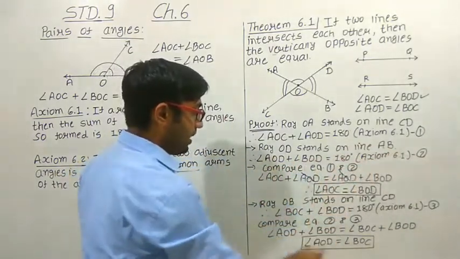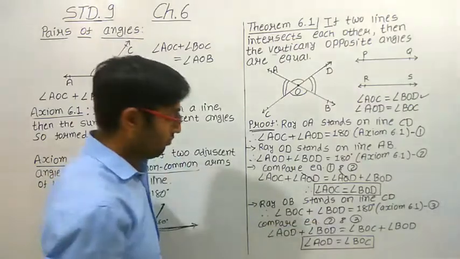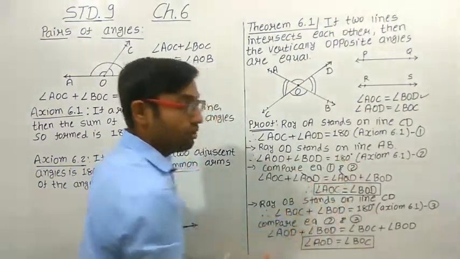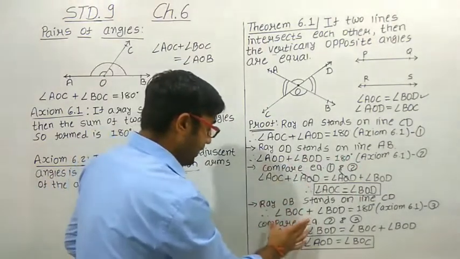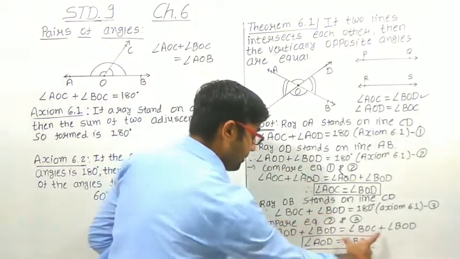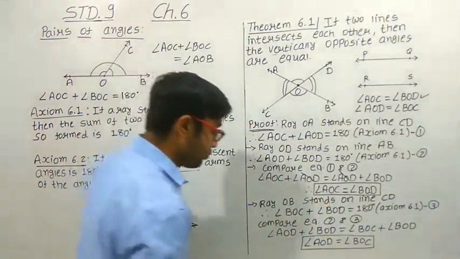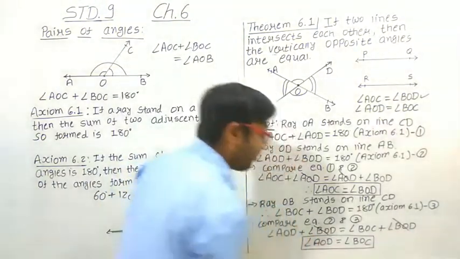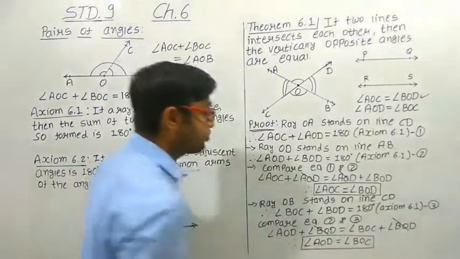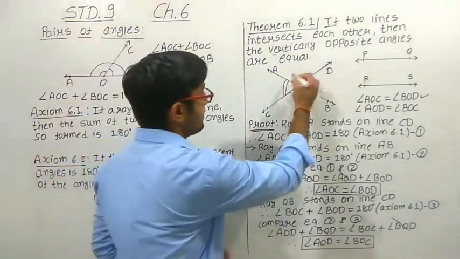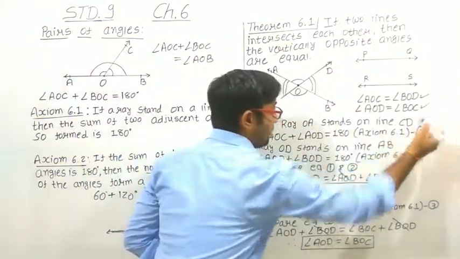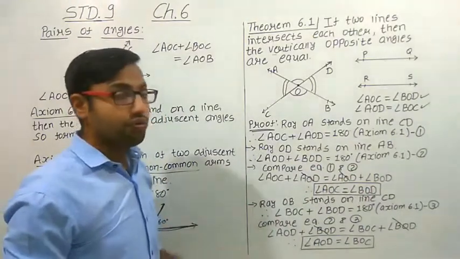So now we can compare equations number 2 and 3, because this equals 180 degrees, this equals 180 degrees, both are equal to the same thing, so we can compare them. Angle AOD plus angle BOD equals angle BOC plus angle BOD. So here also you can see that BOD is common, we can cancel it. What will remain? Therefore we get angle AOD equals angle BOC. So this is the other pair of angles that we proved here.